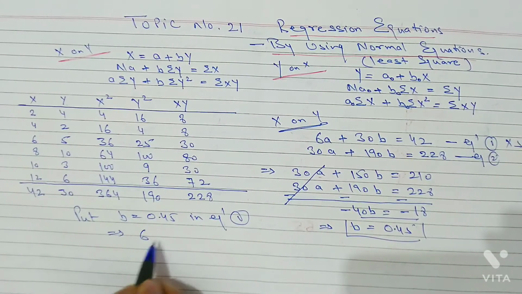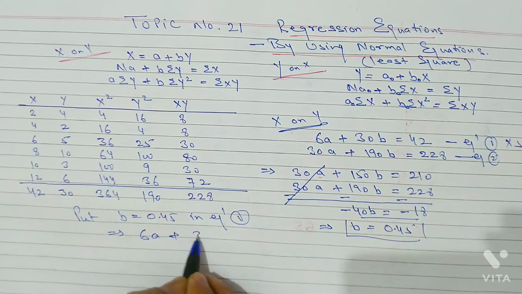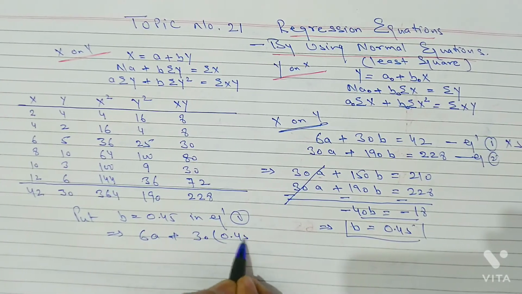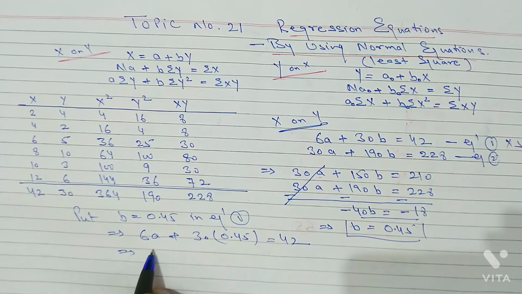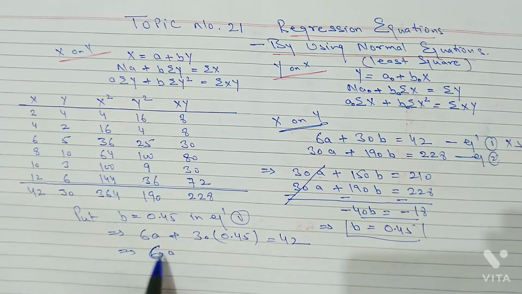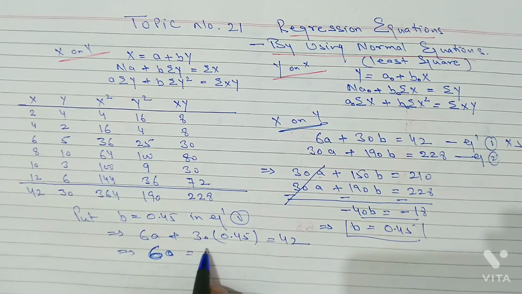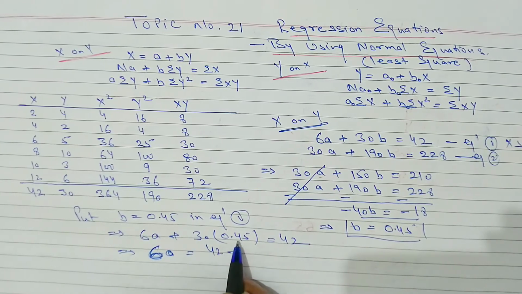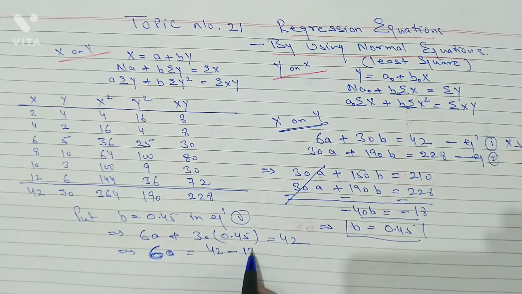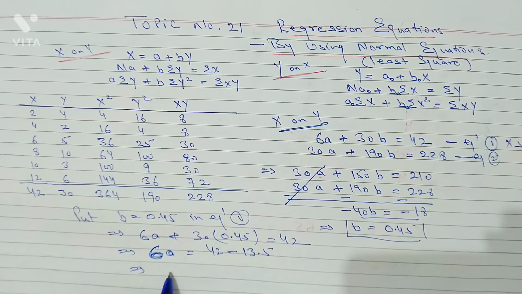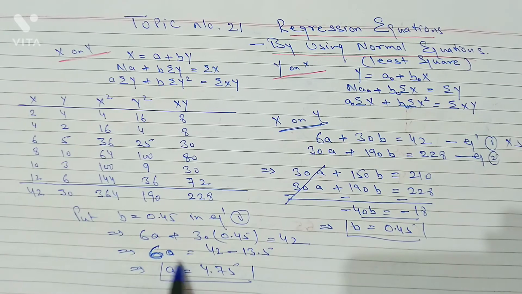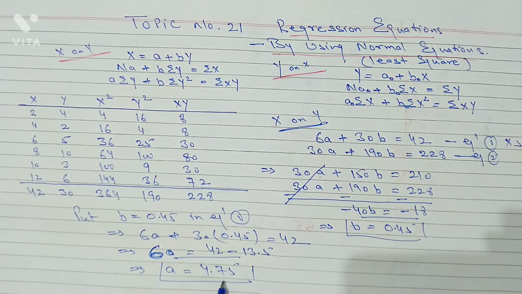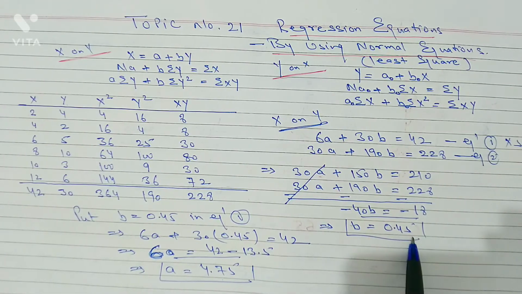We get 6a plus 30 into 0.45 equals 42, which implies 6a equals 42 minus 30 into 0.45, which is 13.5, which implies a equals 4.75. So a equals 4.75, b equals 0.45.